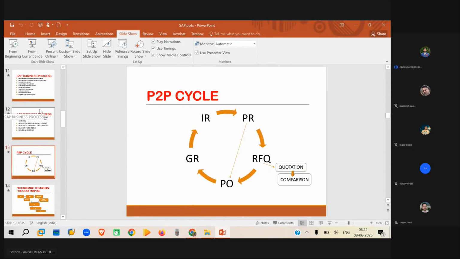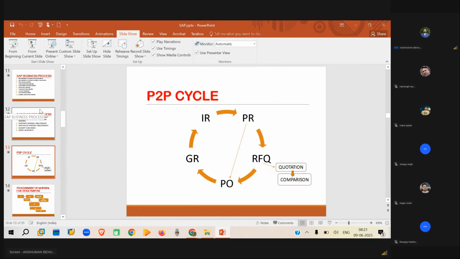What are the business processes? If we talk about the standard P2P cycle, standard P2P cycle means procure to pay cycle. When we procure or purchase the material, up to the payment we make to the supplier, that is basically called a P2P cycle.